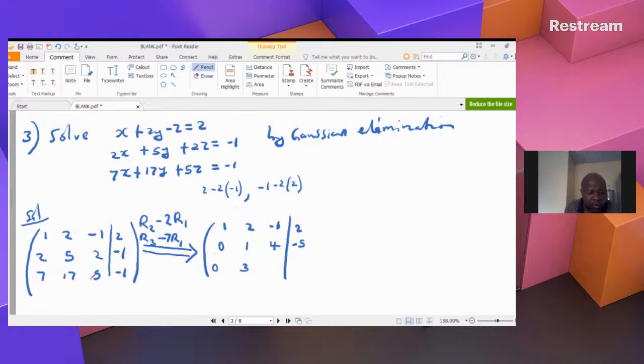Negative 7 subtracted from this 5 will be 12. And then 7 multiplied by this 2 will be 14. 14 subtracted from negative 1 will be negative 15.